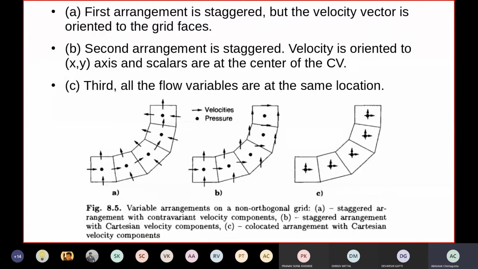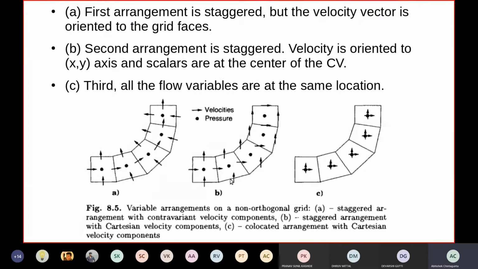The next thing is, you can stagger it. You can keep your velocity at faces or half locations, right? These faces are nothing but midway between, say, this cell and the next cell. Depending on your geometry, you can construct these faces. So the first choice is, how should I align my velocity?